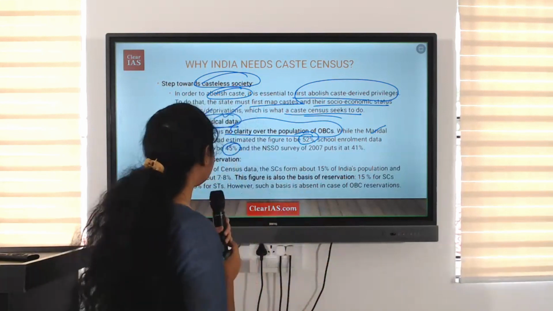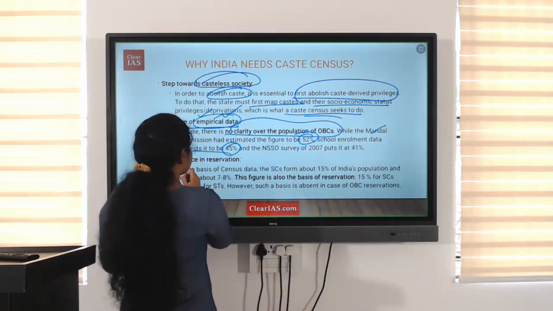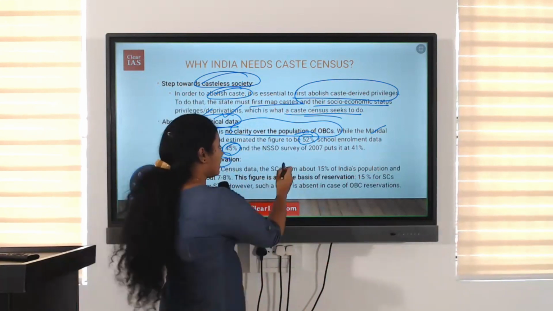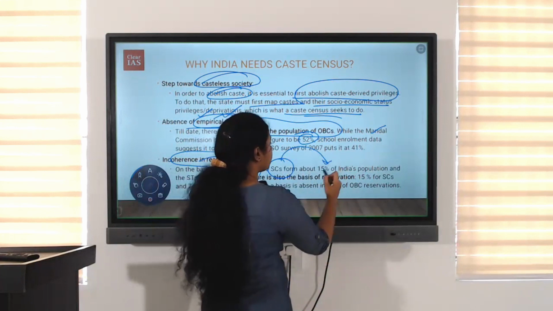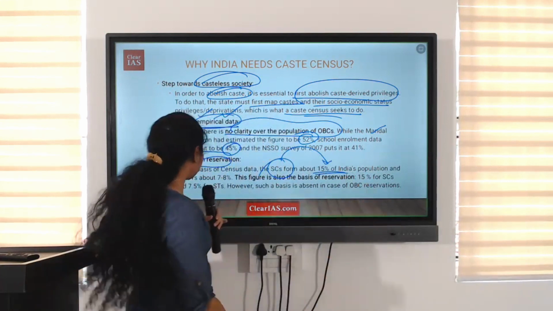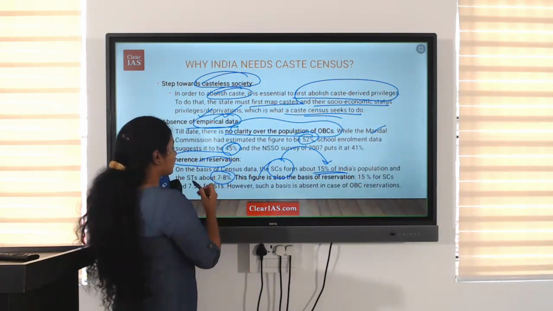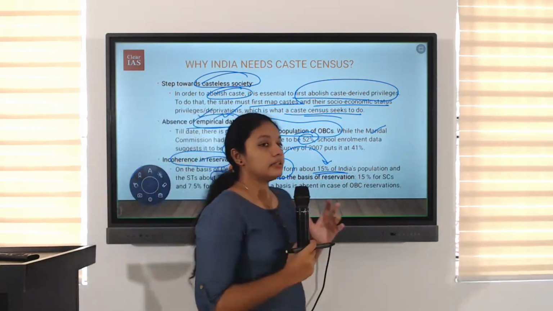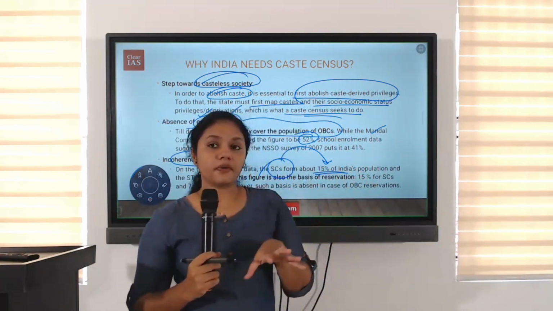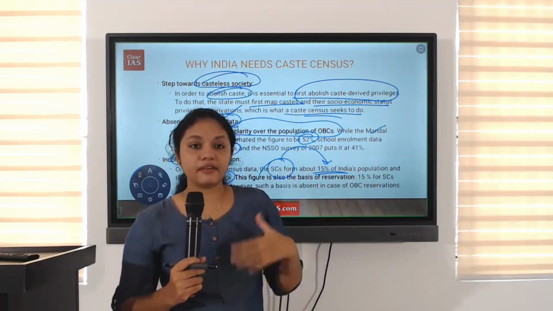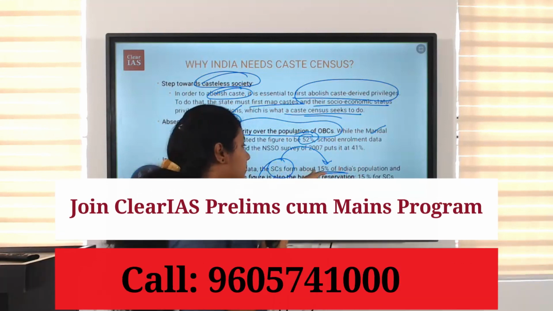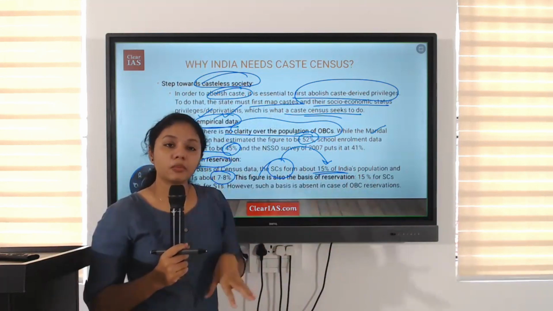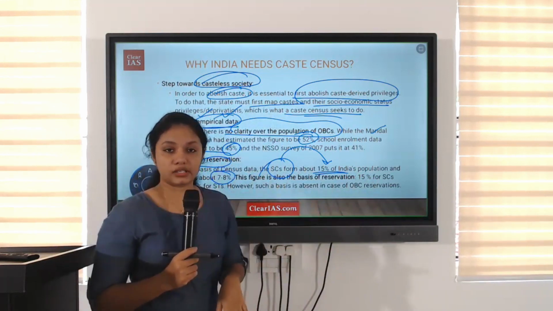Clear? Now, incoherence in reservation. SCs' reservation is 15%, matching their share of the Indian population, and STs' is 7 to 8%. But this is only for SCs and STs, because we have national data. For OBCs there is a discrepancy at the national level.